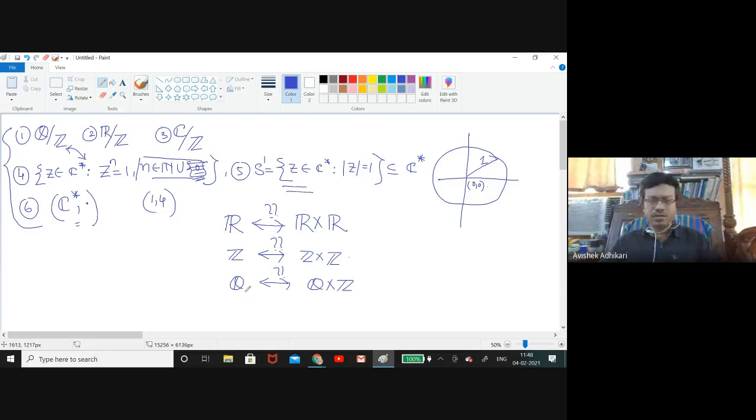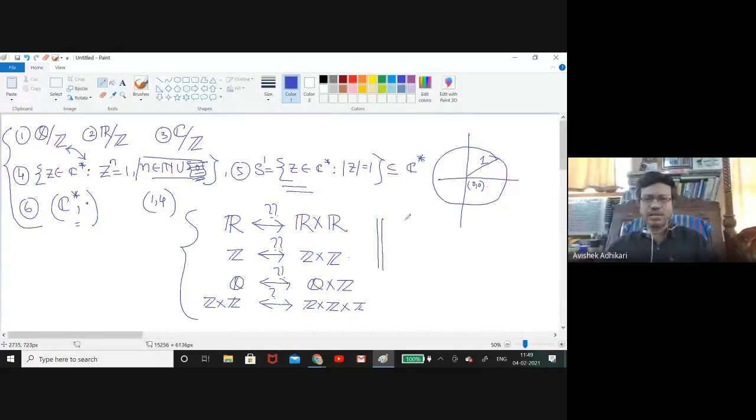Or Z cross Z and Z cross Z cross Z? Are they isomorphic? These families of groups are also very much a favorite for the interviewers. If you follow these questions properly, then you will get some extra advantage during your interview time.